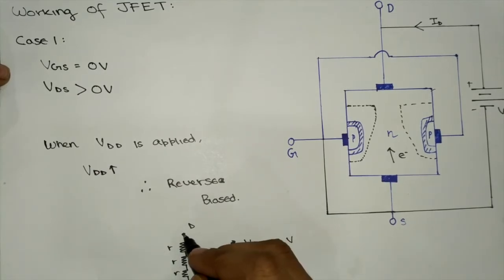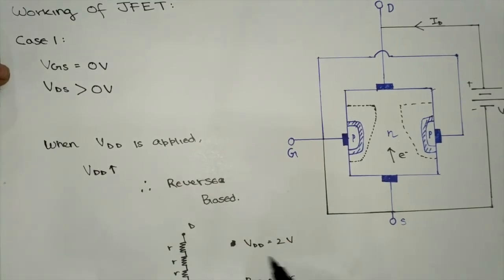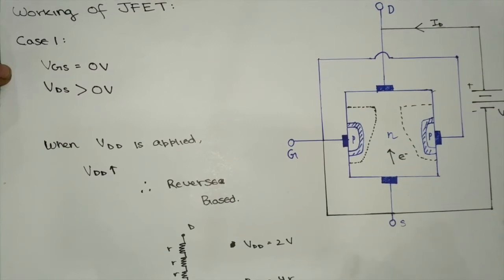Therefore, after each resistance, the voltage drop would be 0.5 volts. V drop is equal to 2 by 4, which is equal to 0.5 volts.